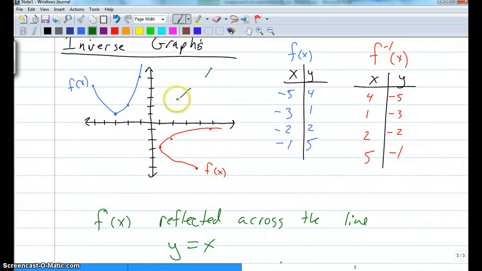There's actually a line y is equal to x like this, and this is actually a mirror image of f of x. Oh, I'm sorry, this is the inverse of f of x, isn't it? My bad. So the inverse of f of x is reflected across the line y is equal to x. All right, remember, tell me what was the weird email from?